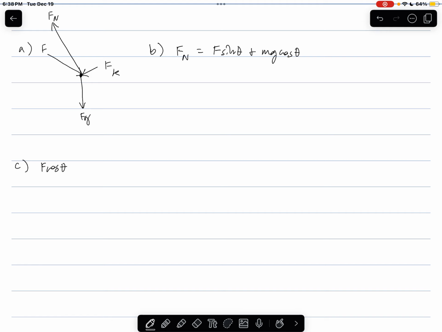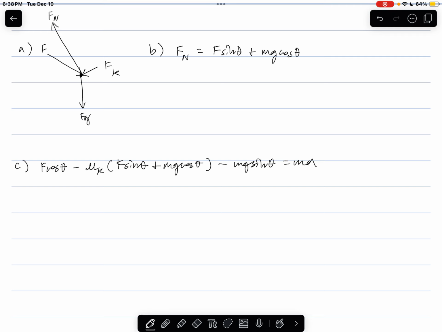So the F cosine of theta is the Fx, but then you also have friction acting against it and the force of gravity in the x direction acting against it. So you have both friction and Fgx. Friction is mu k Fn, and then I plug in Fn for what I got before. So F cosine of theta minus mu k times F sine of theta plus Mg cosine of theta, minus Mg sine of theta equals Ma.